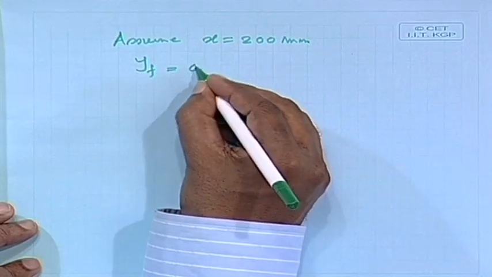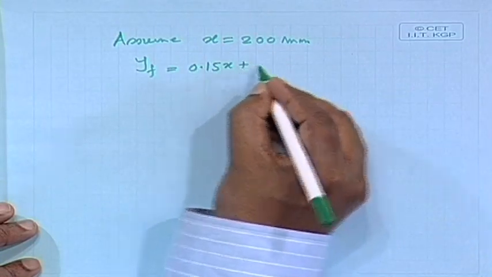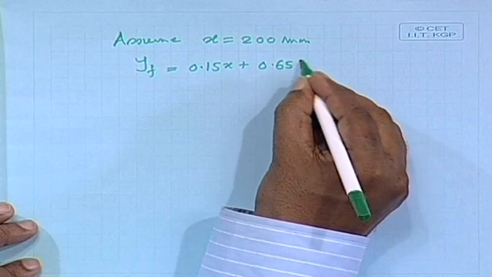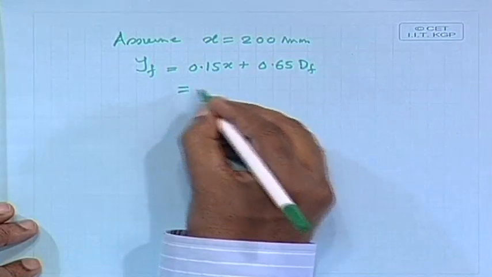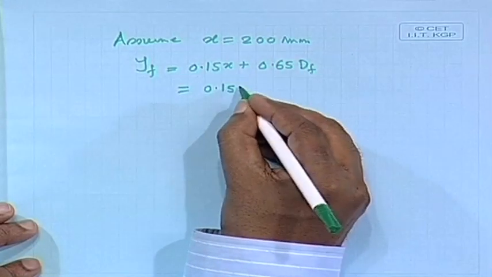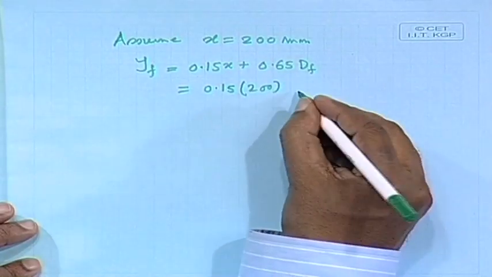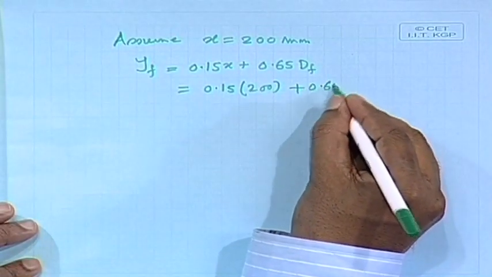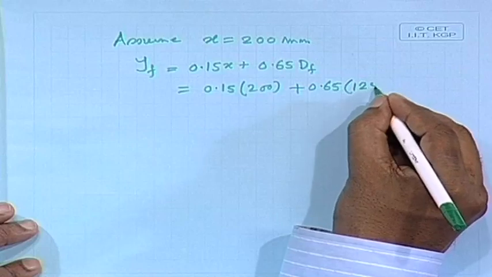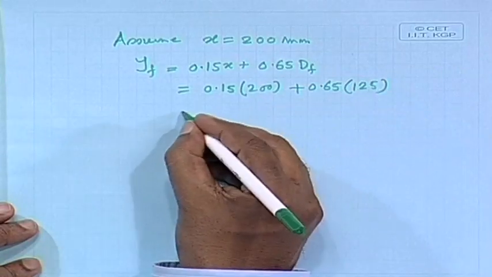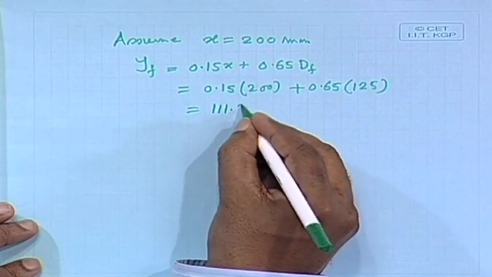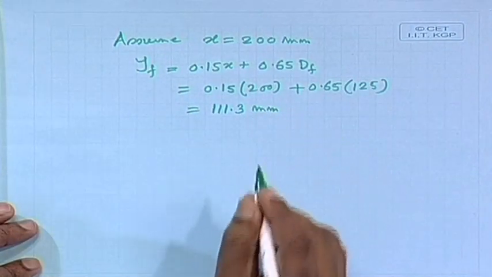yf equal to 0.15 x plus 0.65 df equals 0.15 times 200 plus 0.65 times 125 equals 111.3 millimeter.